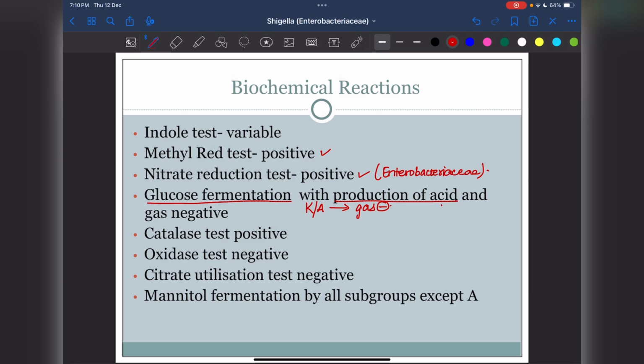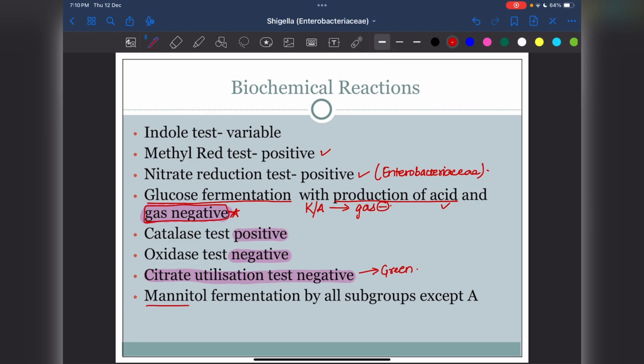They do produce acid, but they do not produce gas, so remember that they are gas negative. This is an important point. No H2S or any gas is produced. They are catalase test positive and oxidase test negative as they are members of Enterobacteriaceae, and the citrate utilization test is negative, so they will be showing green color here.